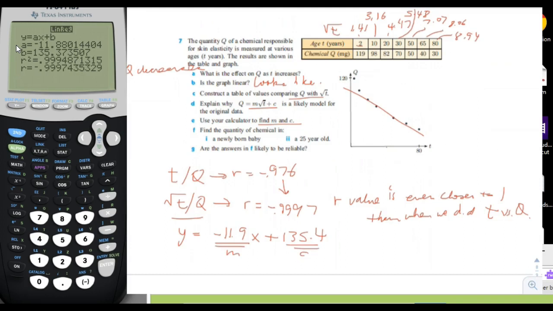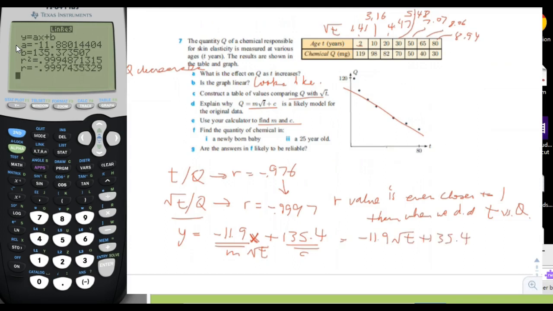Find the quantity of chemical in a newly born baby and a 25-year-old. Okay, so a newly born baby means the age is 0. Remember, this x here is not really t, it's square root of t. So what we have here is negative 11.9 square root of t plus 135.4.